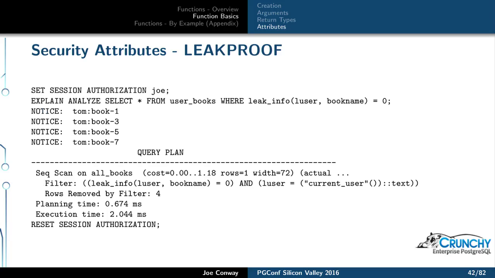So now when I log in as Joe and I call this statement with my leaky function, I get these notices that show me all of Tom's books. So this is a security problem. And the reason for that is because this function got pushed down into the view, essentially.